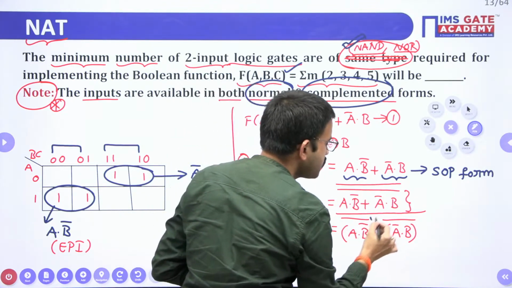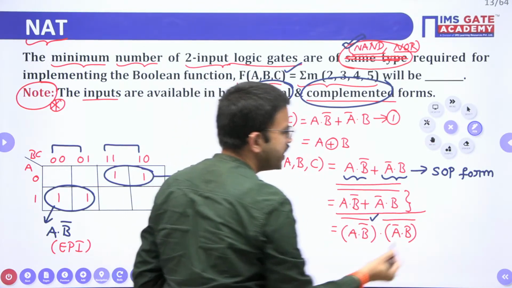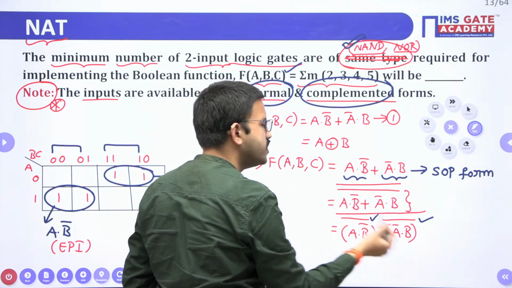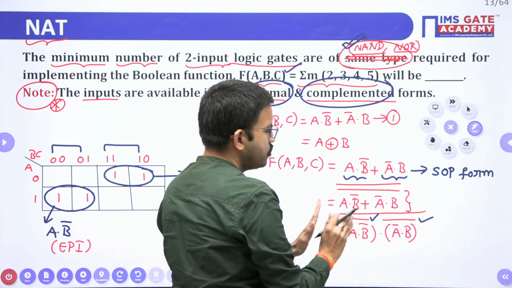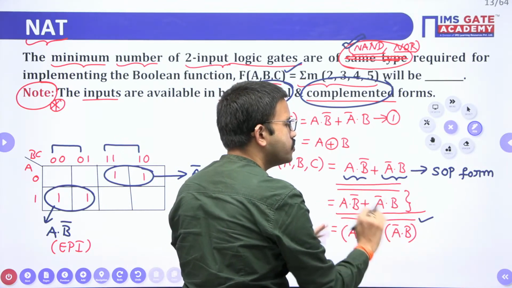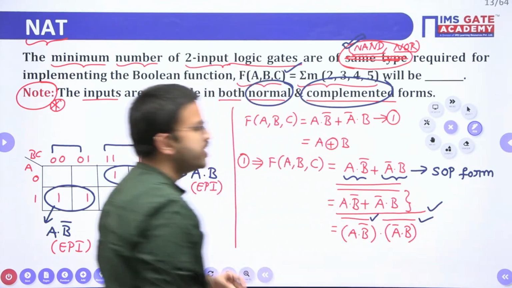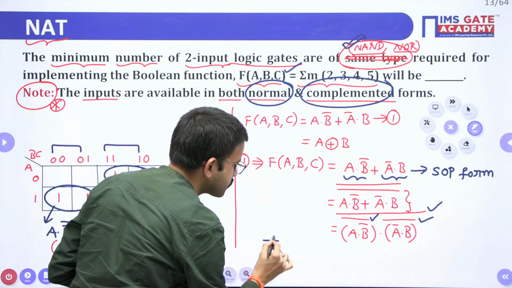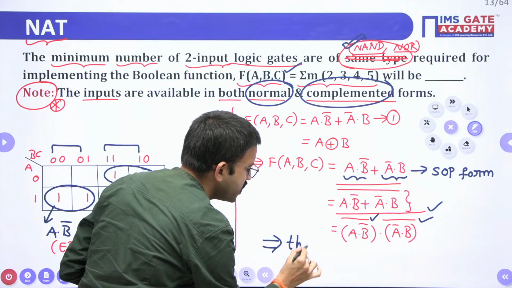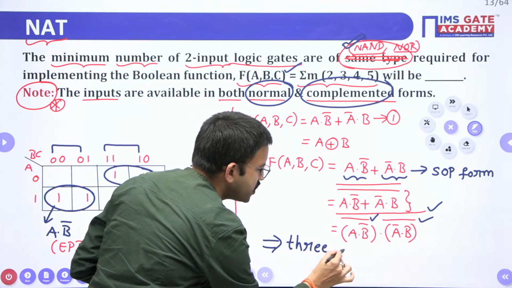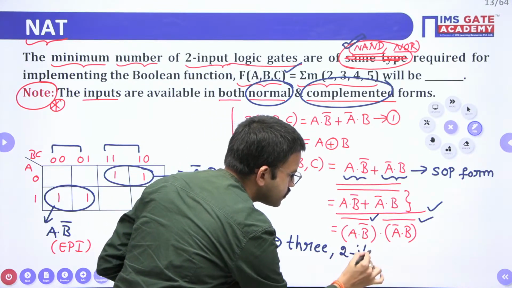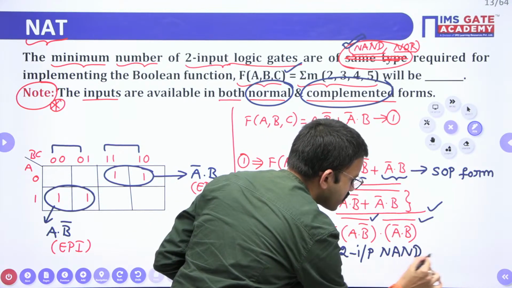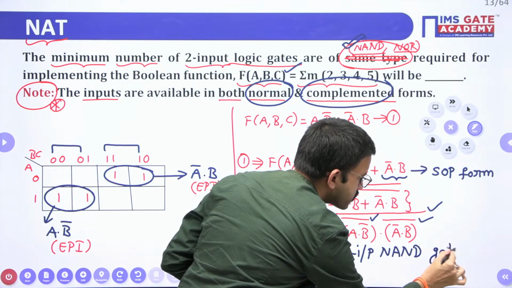So here you are having a 2-input NAND gate, here a second 2-input NAND gate, and then this is the first one, the second one. You can assume like x1, x2 whole bar. That means we require 3 2-input NAND gates.